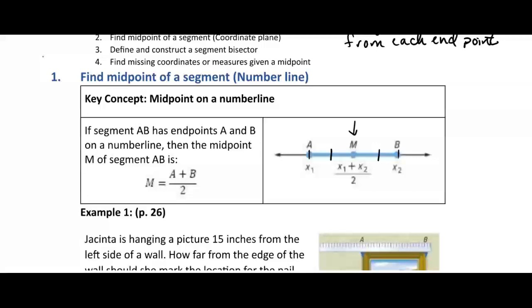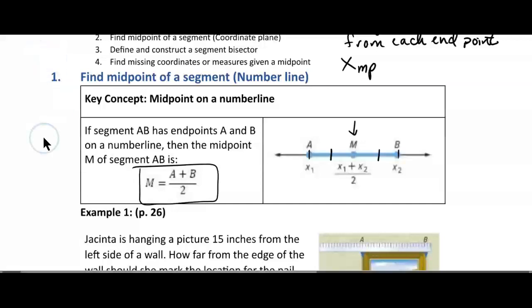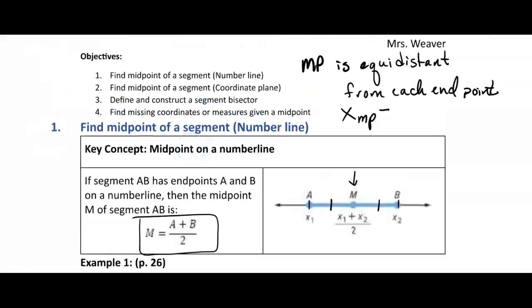For your general formula that you give me, I would want you to give me either this form, which is that your midpoint is your A point plus your B point divided by 2, or a better form that I unfortunately came up with after printing these notes would be if we say the x-coordinate of our midpoint, x sub MP, or x sub M is fine also, is equal to the x-coordinate of my A point plus the x-coordinate of my B point divided by 2.